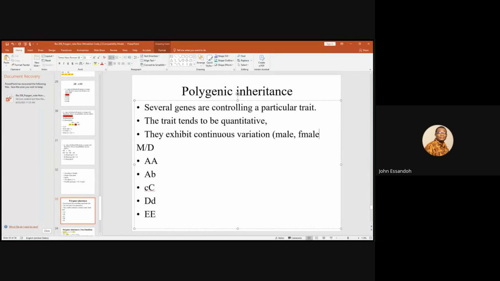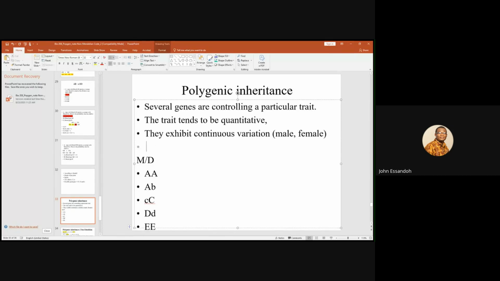There's no in between. Likewise, blood group: we have blood group A, blood group B, blood group AB, and blood group O. There's nothing in between. So these are discrete, not continuous variation.